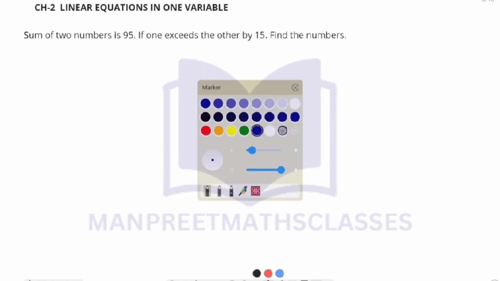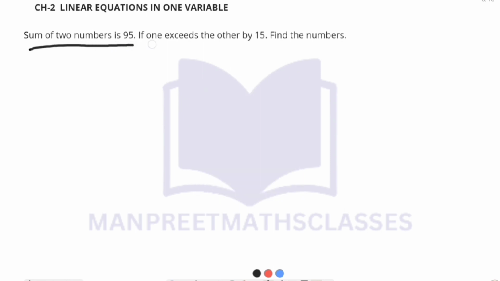Now our next question is, sum of two numbers is 95. दो numbers है हमारे पास जिनका sum 95 है.